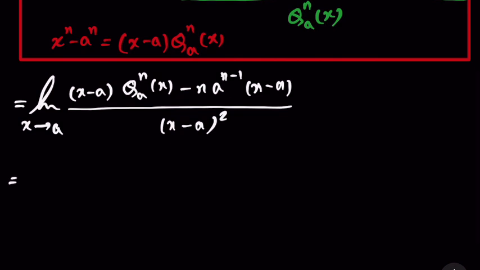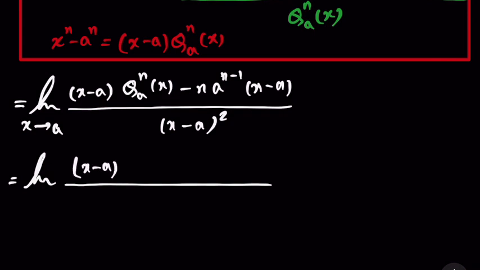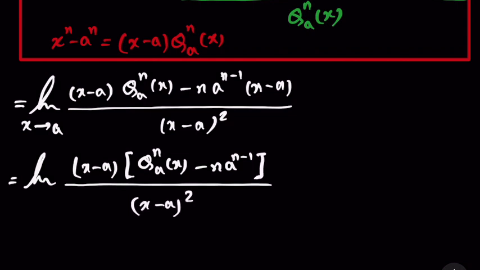Now here from the numerator we can factorize x minus a and cancel by one x minus a from the denominator. So let's write it. It's x minus a times Q n a x minus n a to the power of n minus 1, divided by x minus a squared when x approaches a.